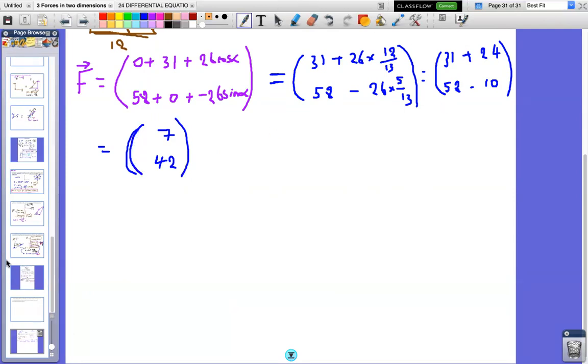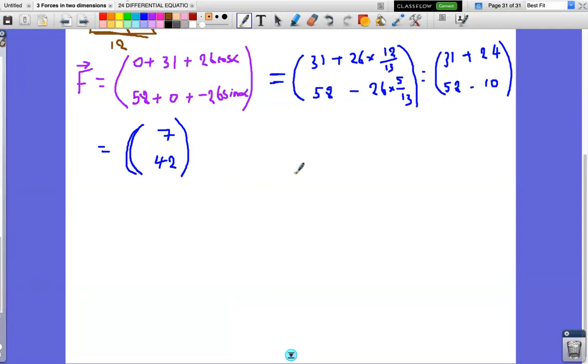So the magnitude... from here, you can see that the resultant force will look like this.